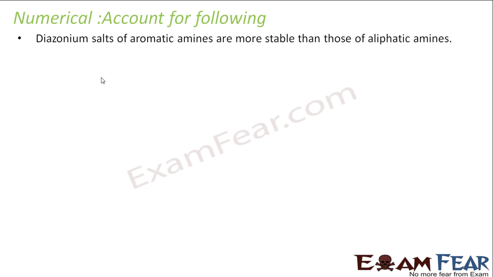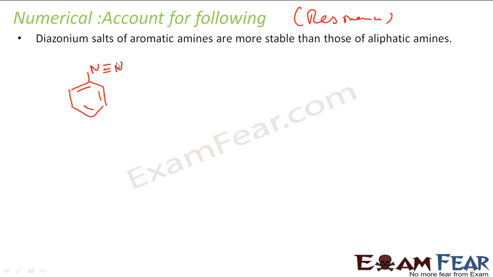The question is, diazonium salts of aromatic amines are more stable than those of aliphatic amines. The reason is pretty obvious, because of resonance. We have seen this aromatic diazonium ion undergoes resonance. So if you see, this is my structure. We have seen this.